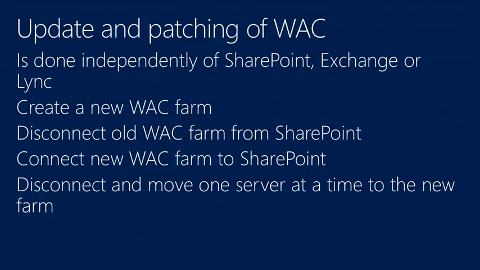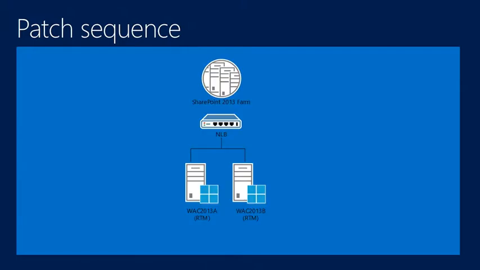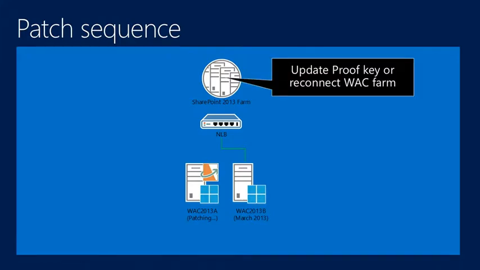So basically it looks like this. You have two WAC servers. You make sure that NLB only goes to one of them, patch the other one, move over to that one, patch it, and then you might have to update the proof key or reconnect the WAC farm. Reconnecting the WAC farm almost had to be done when they added the PDF things to WAC in the March public update, or you can run the new SP-WOPI binding manually.